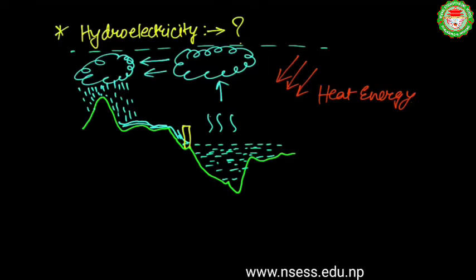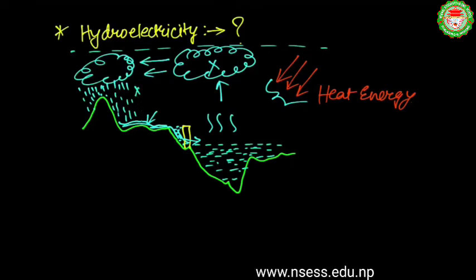So this process is said to be the water cycle in common. You might have studied about the water cycle in your lower class also. So the sources of water on the surface of the earth get heated up by the action of the heat radiated from the sun, and it reaches up to a certain height, forming clouds, and the droplets in the cloud, when they become heavier, again fall in the form of rain towards the surface of the earth.